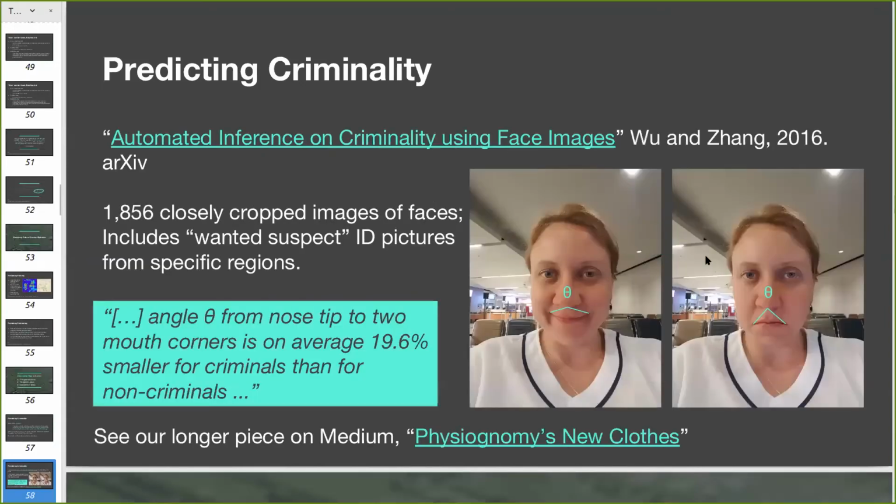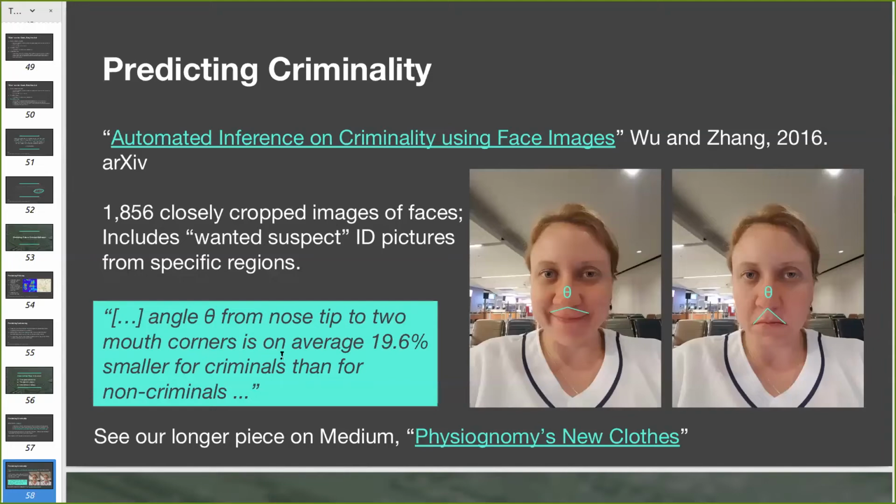Here's another example, a paper on automated inference on criminality using face images. It's research which uses facial images to say whether a person could possibly be a criminal or not.